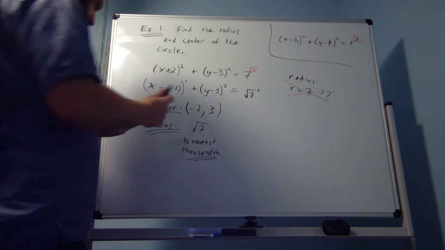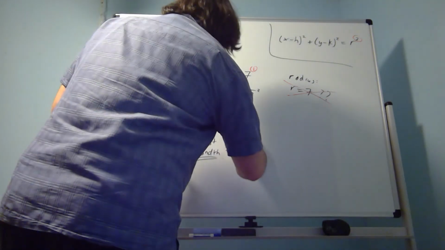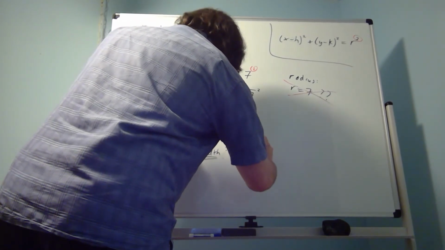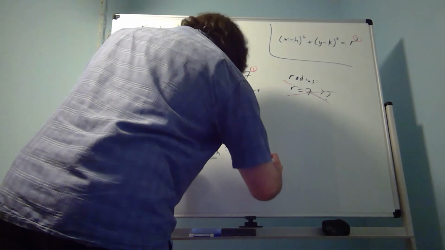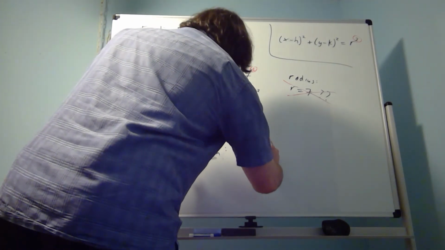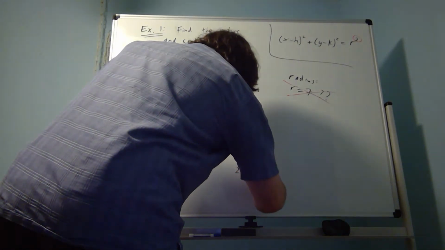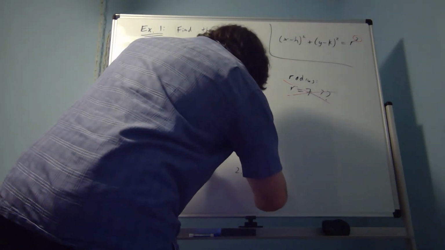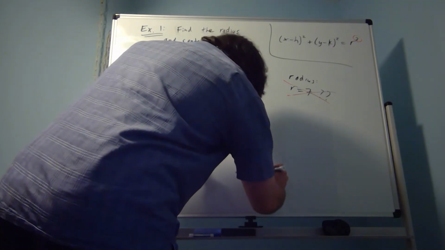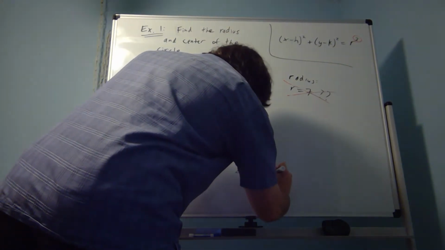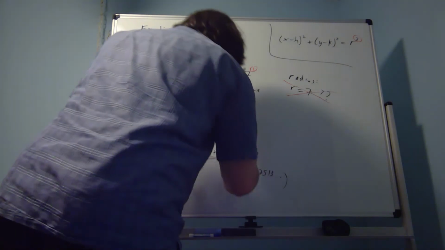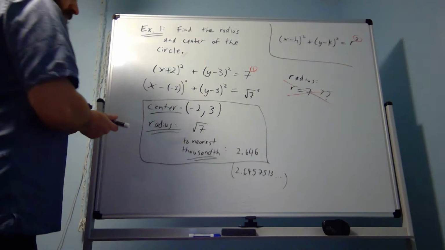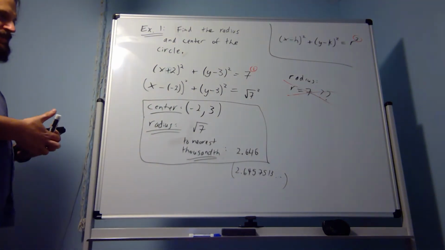And so it's 2.64. The next one actually rounds up, so it's 2.645. So this 5 rounds up to a 6 because it's 7,513. So MyLab is going to ask for that many decimal places.